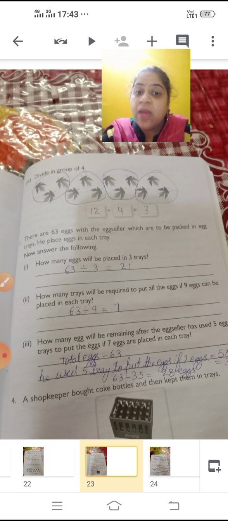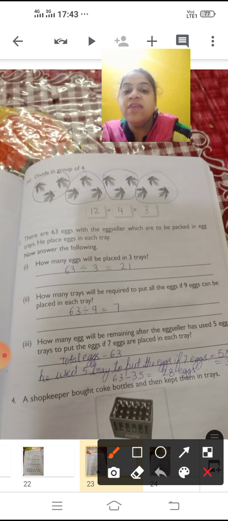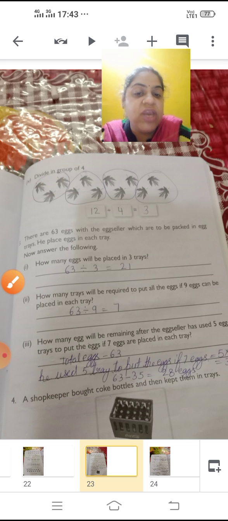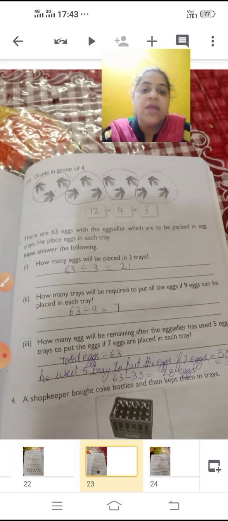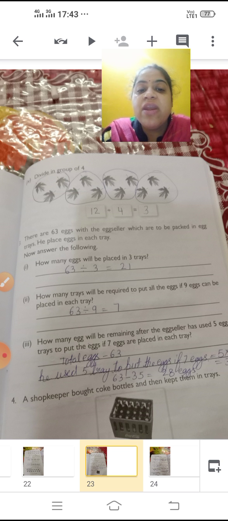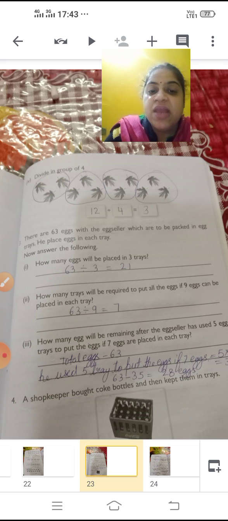So children, total number of eggs we are having is 63. And we have to place them in how many trays? 3 trays. So 63 divided by 3 will give you 21. So 21 eggs will be placed in 3 trays.